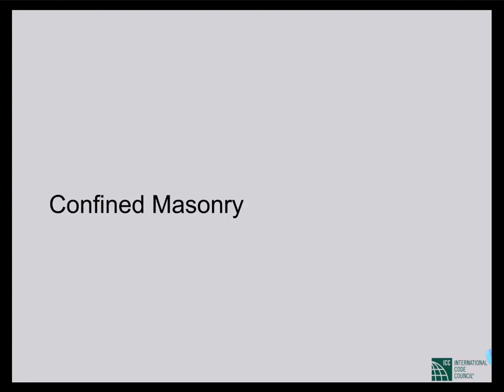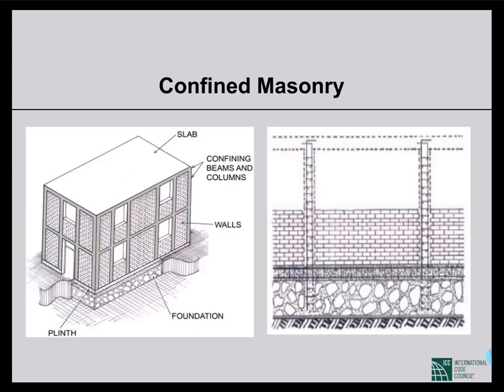Now, although this is new for our country, and I think we don't have any single construction of confined masonry in Bangladesh, this is quite popular in Latin American countries and in some Asian countries where earthquakes are quite frequent. So you can see it looks as if like a beam column frame system, but this is different.